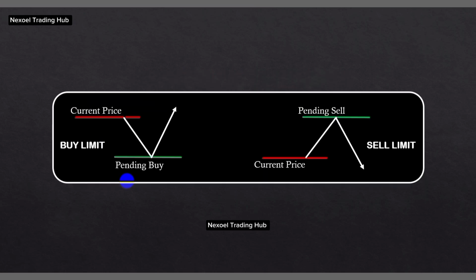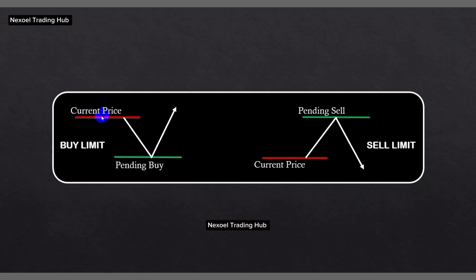So let's check the chart now. What you can see here is we have the buy limit and then we have the sell limits. For the buy limit, this is where price is at currently, which is the current price. So for the pending order, which is in the category of the limit order, this is specifically the buy limits.